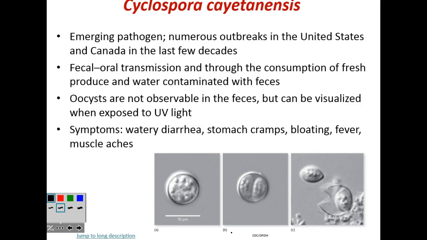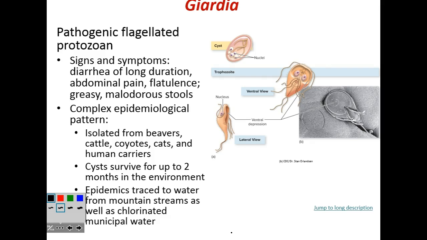Cyclospora cayetanensis, Giardia. Somebody in here has giardiasis as the disease you're looking up for your morbidity and mortality report. It's a pathogenic flagellated protozoan. So if it's flagellated, that just means it has flagella.